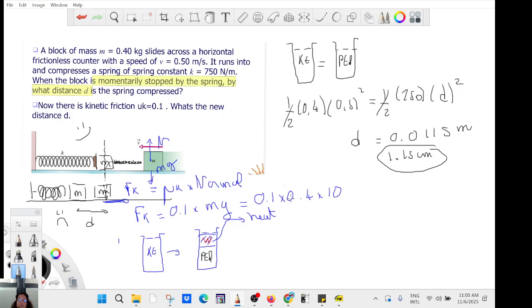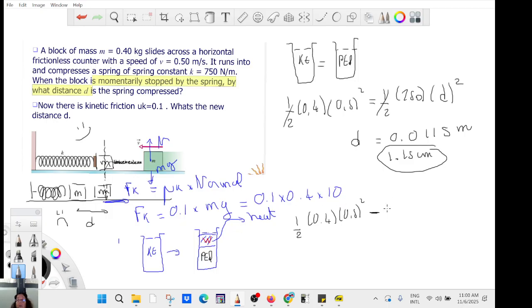So one way you can do it: I start here with kinetic, so 1/2 the mass times the speed squared, minus the work done by friction, because work is energy in transfer. How much work is taken away by friction?